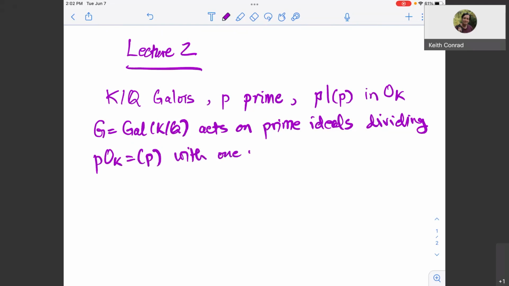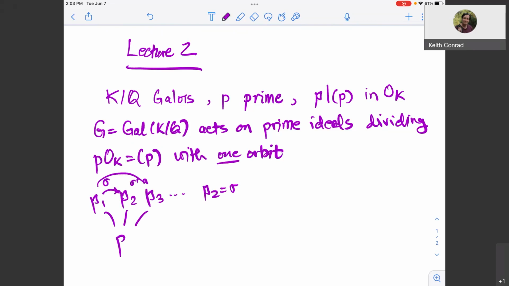You can get from one such prime to every other such prime by applying some element in the Galois group. So if we have all the different prime ideals that divide p, then we can find elements in the Galois group that move them around, and we can get from anywhere to anywhere else. It's not at all obvious.